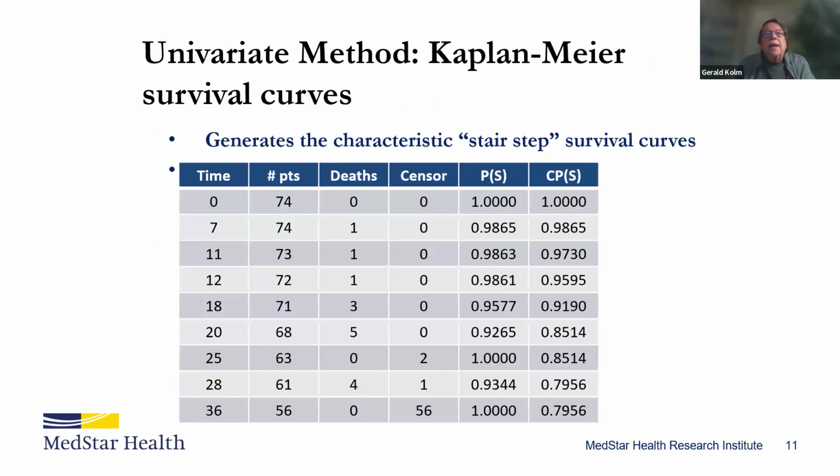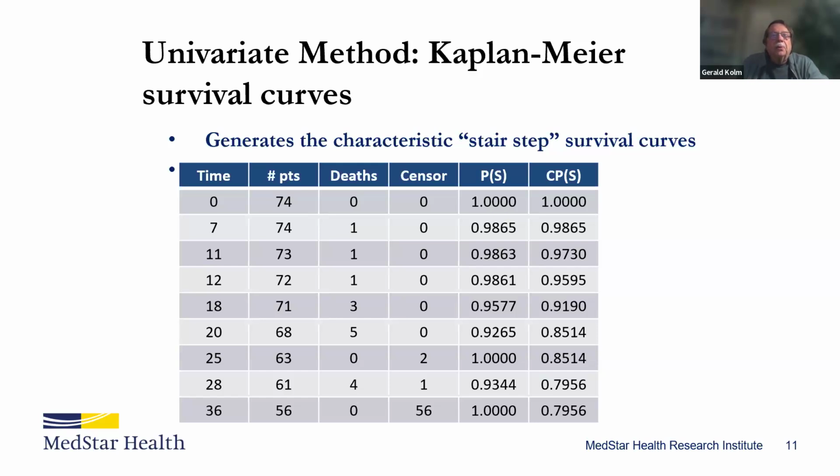So let me give you an example from the simplest survival analysis using what we call the Kaplan-Meier method. I do this because this is really simple to calculate. When you have multivariable analyses like in Cox regression, it's obviously a little bit more complicated, but the idea is the same. So in this example, we start out at time 0 with 74 patients.